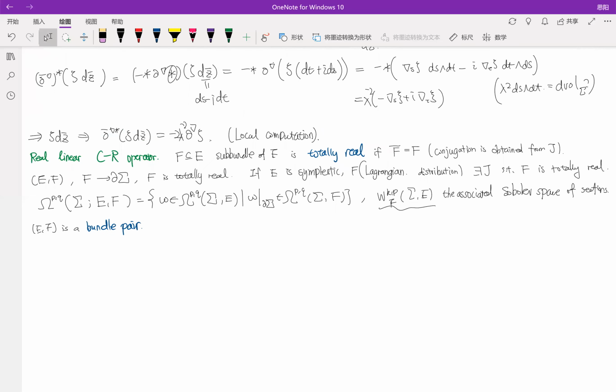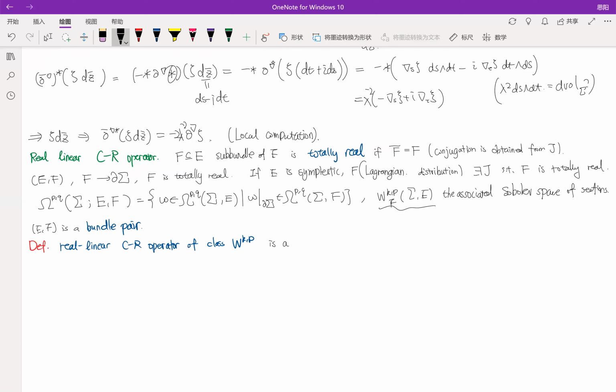And also we can define a real linear Cauchy-Riemann operator of class W^{k,p}.